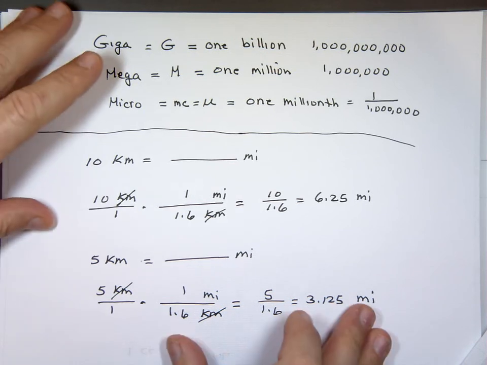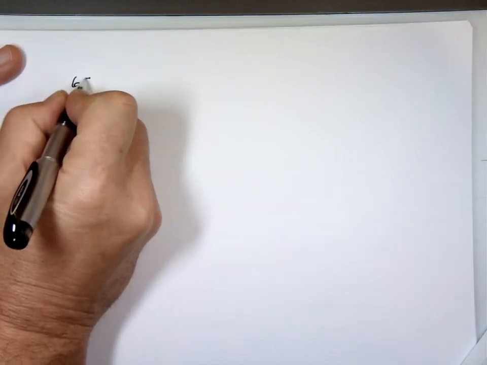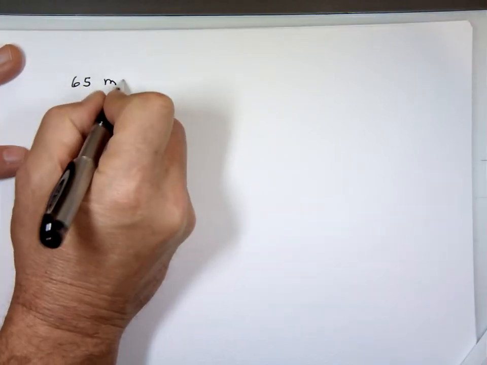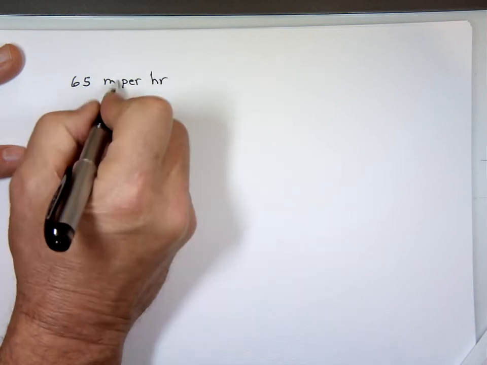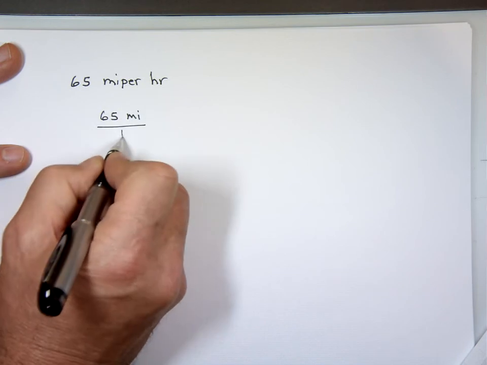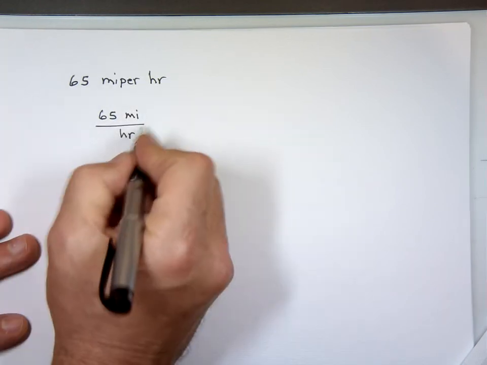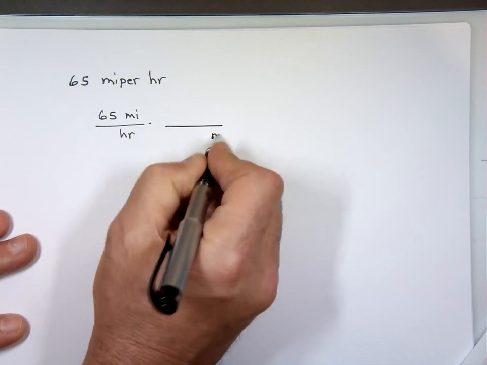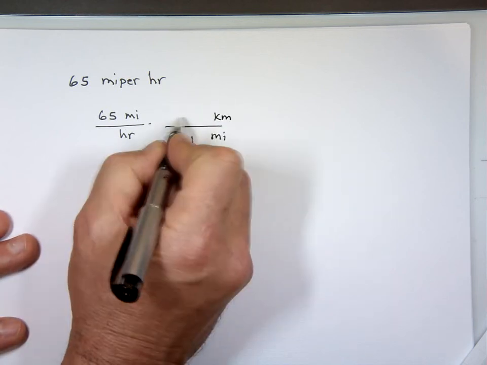And if you look at it, just to give you an idea how it's done, since you asked that, take 65 miles per hour. That's our average speed, right? Miles per hour. What does that mean? It means you drive 65 miles every hour. I don't want miles, I want kilometers. Notice we have miles on the top, so I want miles on the bottom, kilometers on the top. 1 mile has 1.6 kilometers.